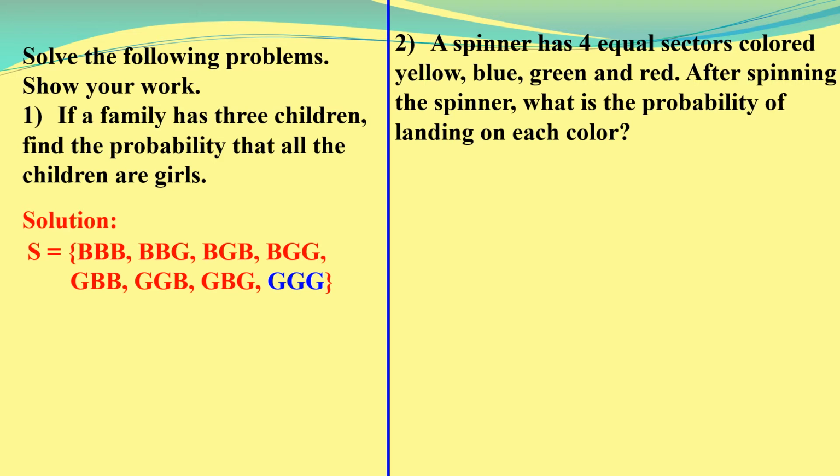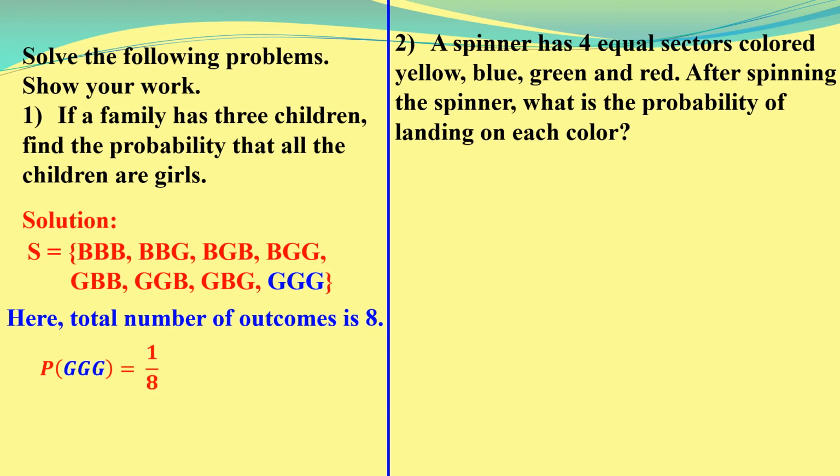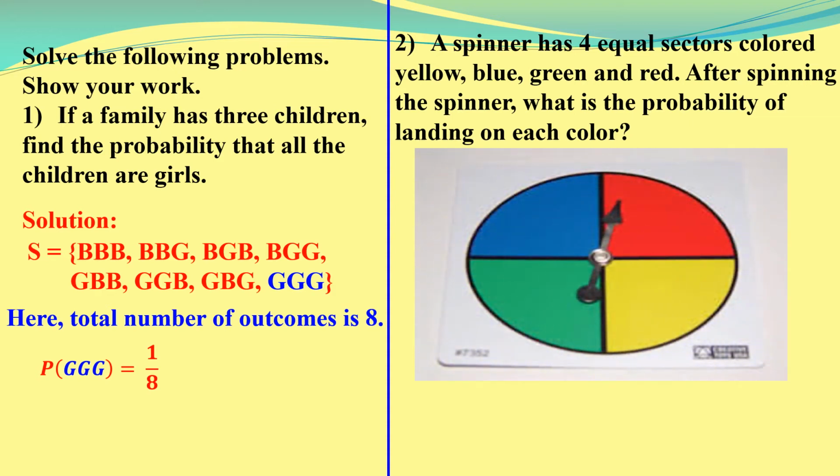So in this sample space, there are 8 outcomes, and there is only one outcome where all are girls. So the probability that all the children are girls is equal to 1/8. Number 2. A spinner has 4 equal sectors colored yellow, blue, green, and red.